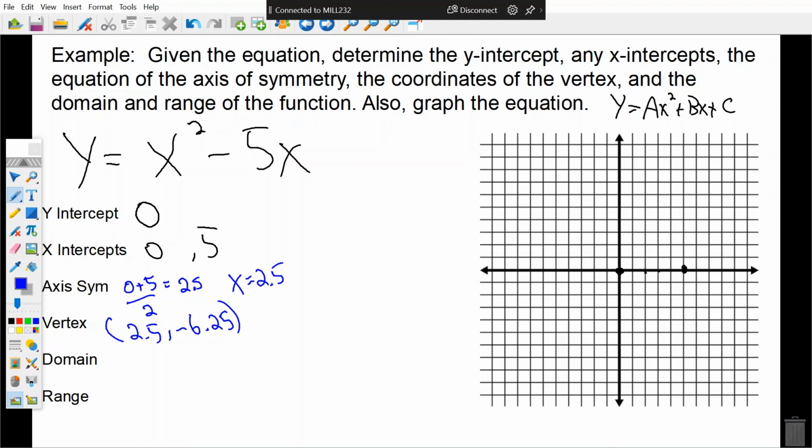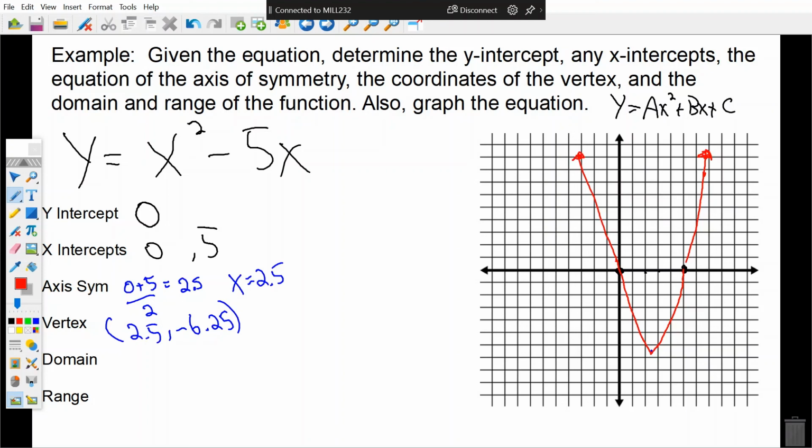So 1, 2, 3, 4, 5, 6. 1, 2, 3, 4, 5, 6.25. So right about there. Now all I have to do is connect my dots. Start at your vertex. Connect up to there. Go back to your vertex, connect to the other x-intercept. And your graph is complete.